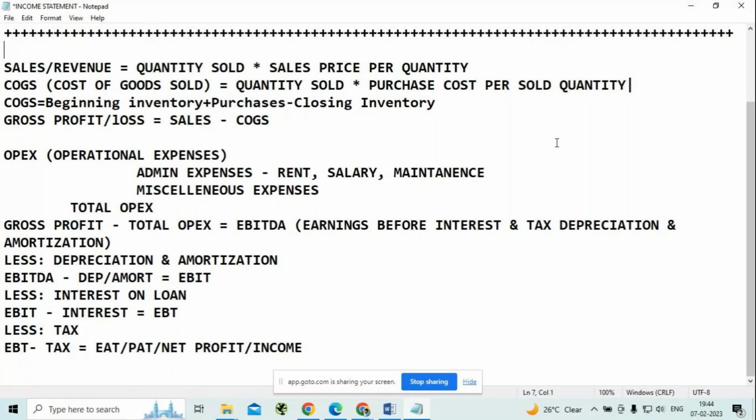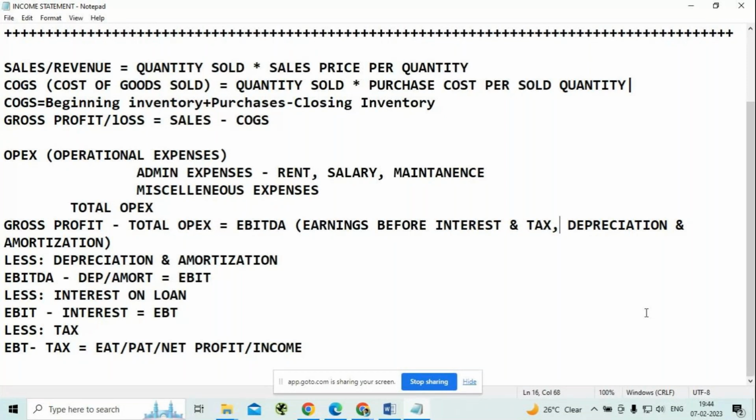In case this is negative, it is directly a loss. So profit minus expenses, if it is minus, then it's a loss.